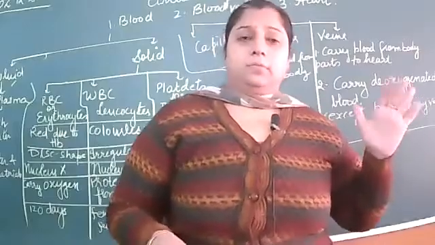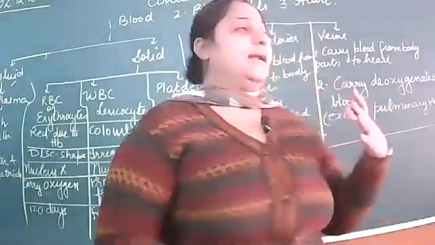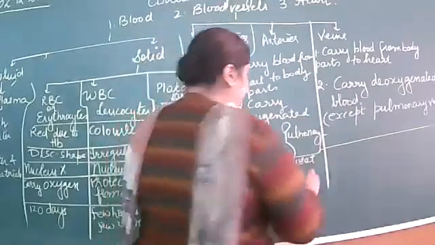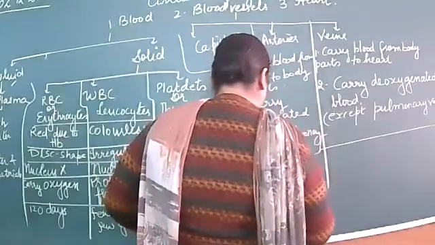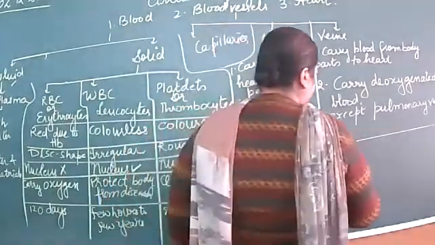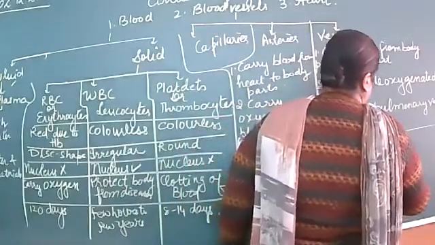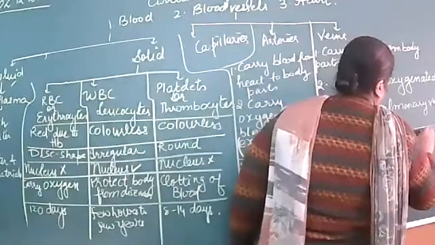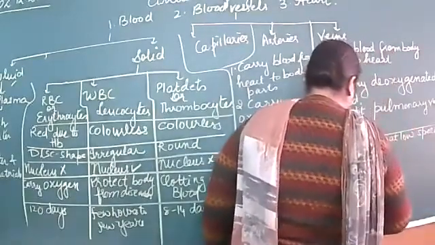So the heart is pumping the blood, so the flow of the blood is very high and at high pressure. Here in case of veins, blood flow is low speed and low pressure, right?